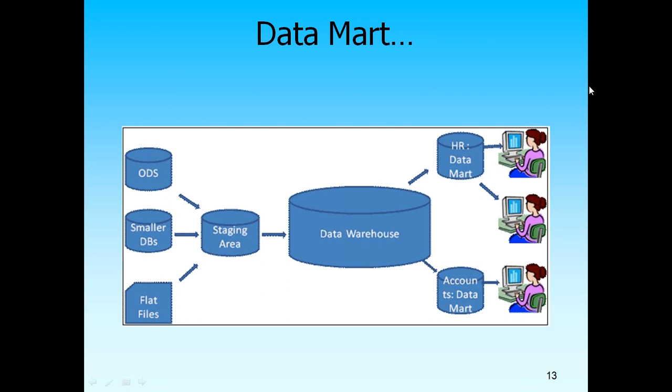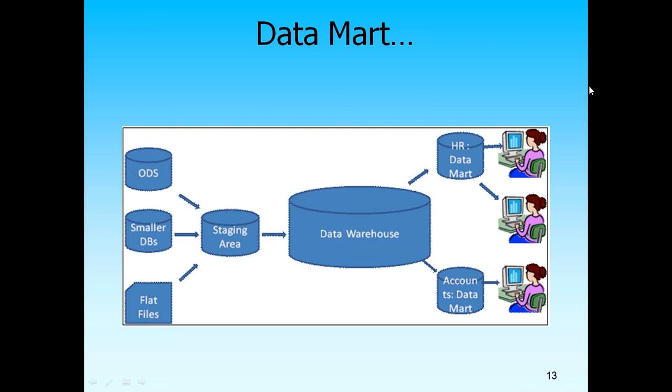This is limited to the HR data mart, and the next one is the accounts data mart. Still, these guys are able to generate reports about account information by including HR information. How are they able to generate that? In case it is required, they join the HR data, which is already available in the data warehouse.